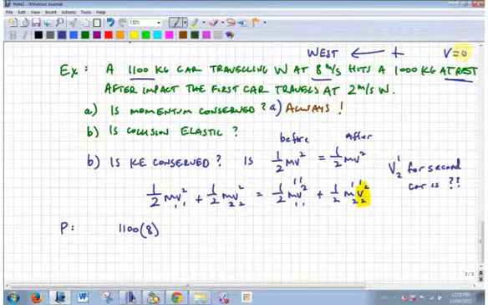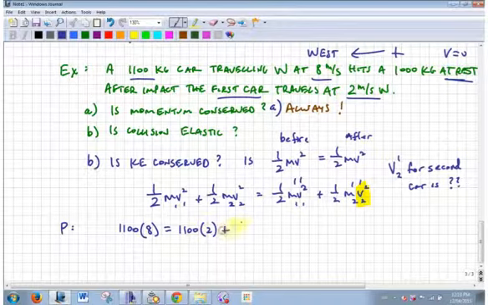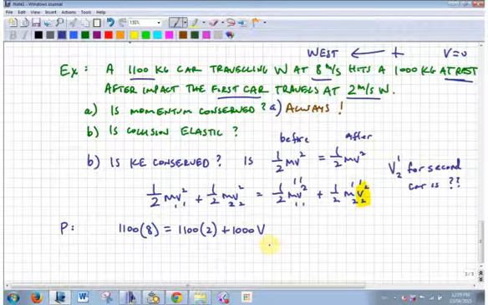Nothing. I'm not even going to put it there. So that's momentum before. What's momentum after? The first car travels at 2 meters a second. Is this positive or negative? Positive. West is positive. But what I don't know is, what's the speed of the second car after? So I need to solve that for v, stick it in here, and then solve this guy.